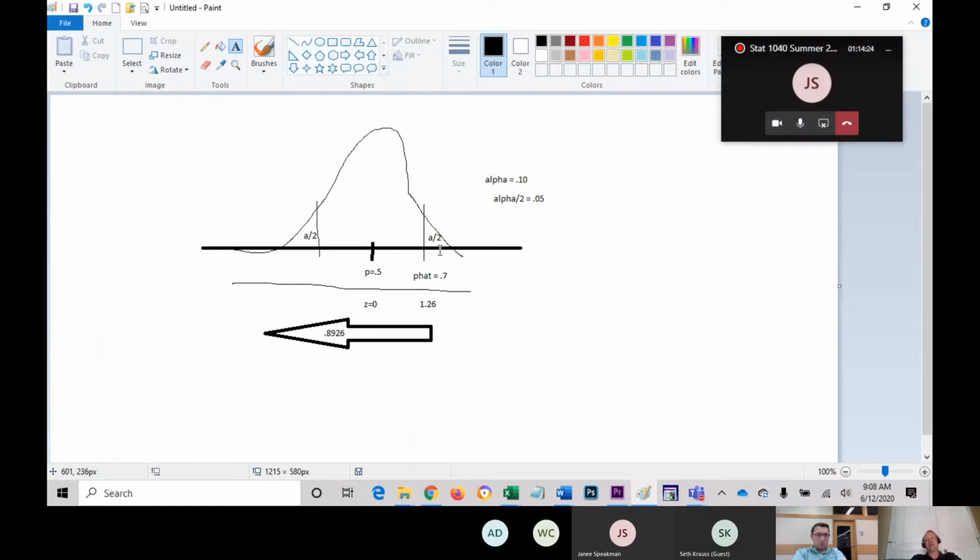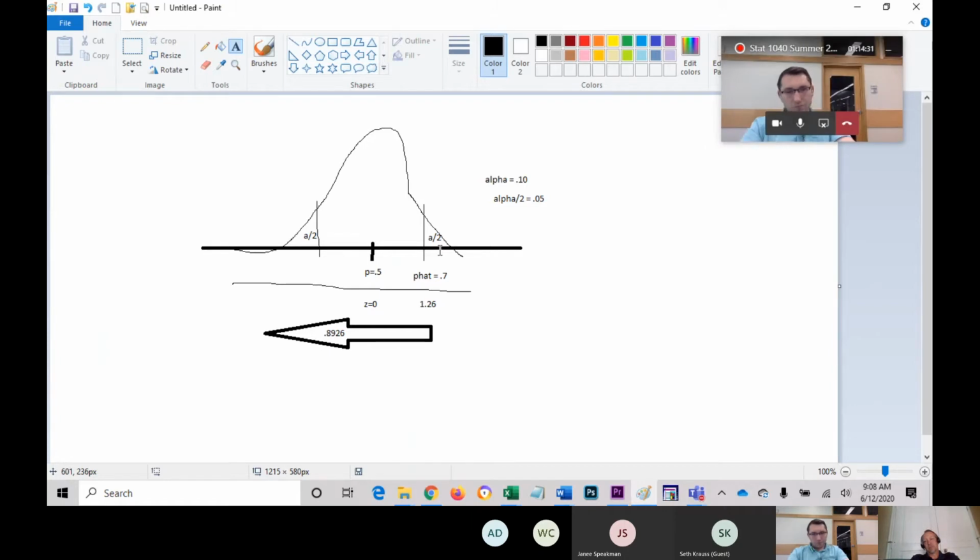I'll throw that out for anybody. You want the area to the right? Yeah, we want the area to the right, and I know the area to the left is 0.8926. So would you want a t-test? Nope, we're using the z-test.